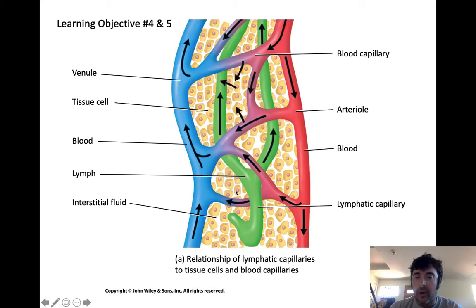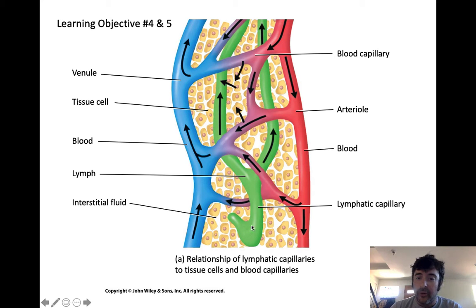Lymphatic capillaries are there to essentially drain excess interstitial fluid. So any excess interstitial fluid will get pushed into this lymphatic capillary. Once that excess interstitial fluid gets pushed into this lymphatic capillary, it's no longer called interstitial fluid. The moment it enters into the lymphatic capillary, it's called lymph.